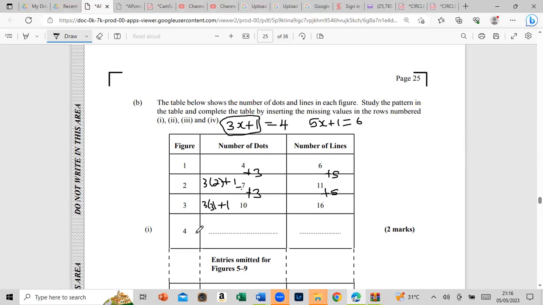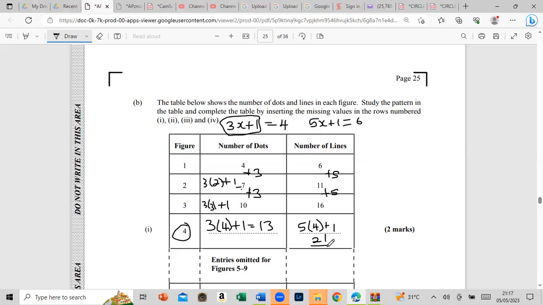Now we plug in the value 4. Plug in 4 here and add 1. This one was easy. 3 fours are 12 and 1, 13. And then we'll do the same thing for this. 5 times 4 is 20, plus 1, which works out to 21.